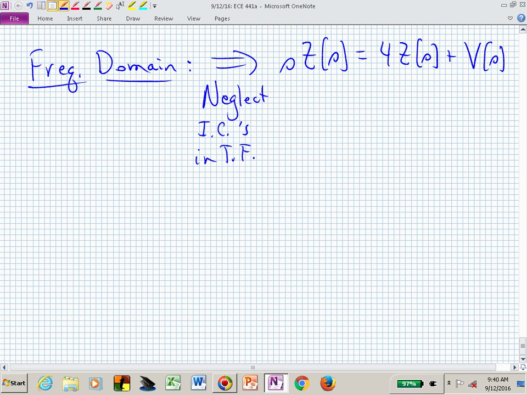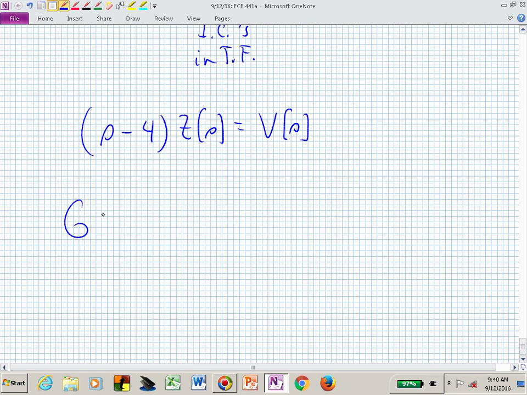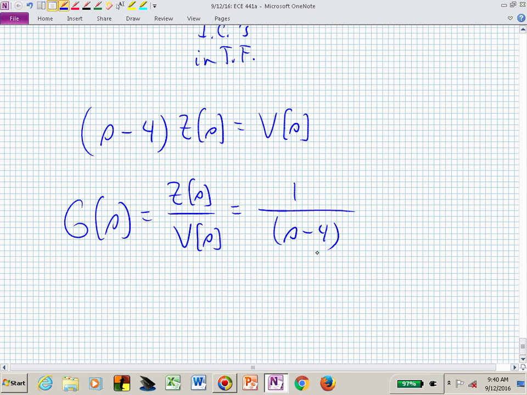We maybe want our output to be z and our input to be v. Let's collect all of the terms that scale z on one side. And now we have our transfer function G of s, the ratio of the output over the input, which becomes 1 over s minus 4.